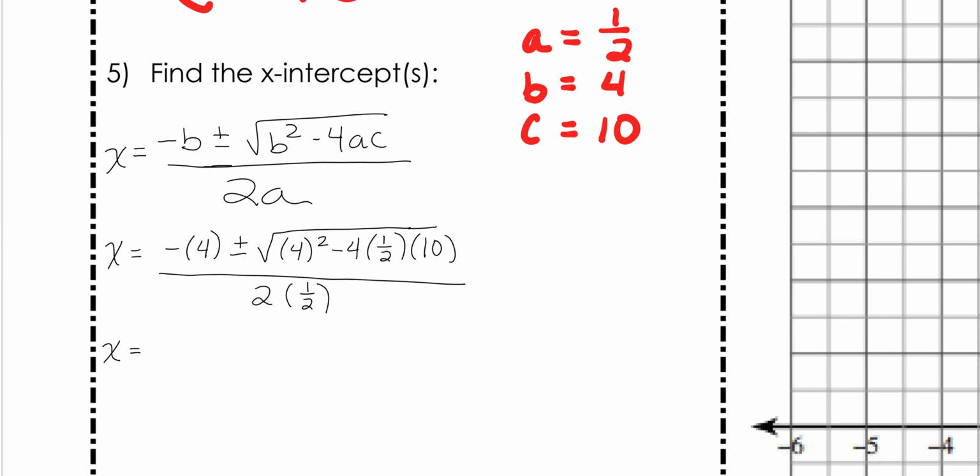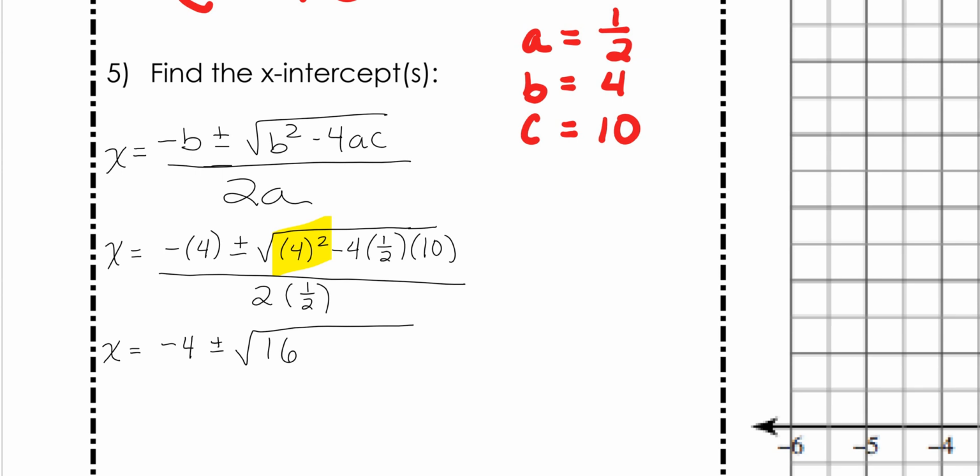Okay, so let's start simplifying. Negative 4 plus or minus the square root, which is really where we have the harder stuff that we need to simplify. Well, 4 squared is going to give you 16. And now minus 4 times a positive 1/2 times a positive 10.